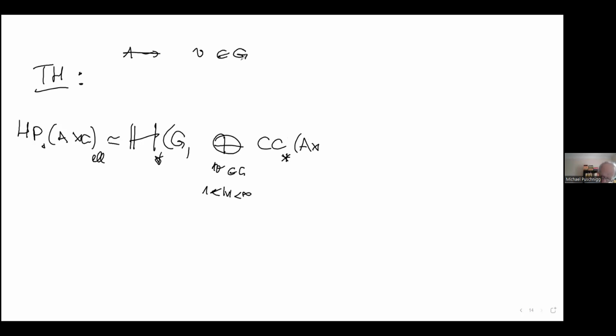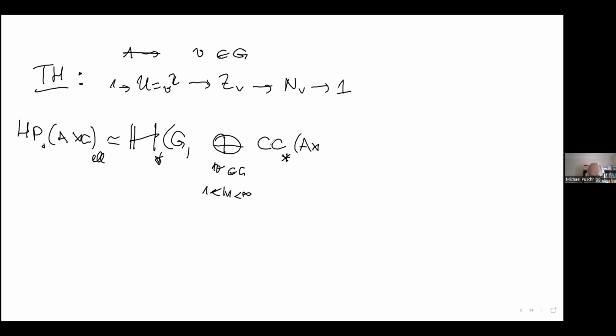For an element V in the group, I call ZV the centralizer of V in G. It contains the cyclic subgroup generated by V as a central subgroup, and the quotient here is called NV, as you know.